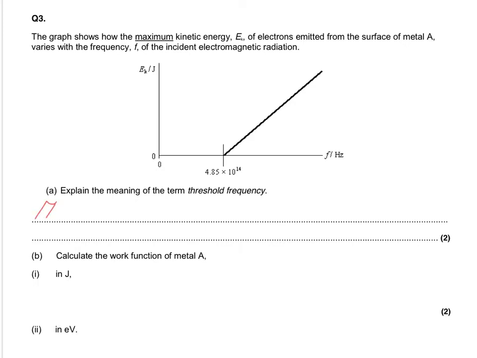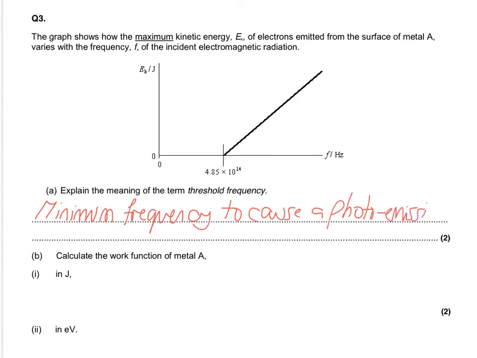So the first thing we should talk about, it's the minimum frequency. It's the minimum frequency to cause an emission, to cause a photo emission, so a photon to emit an electron from the surface of a material.